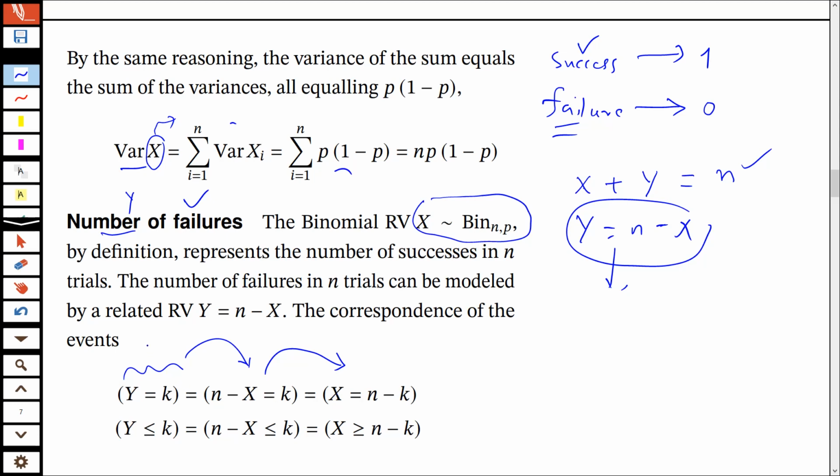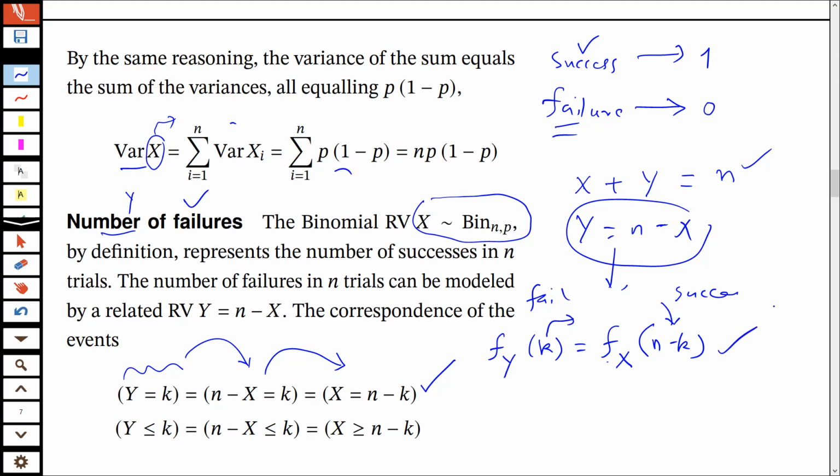So k failures translate to n minus k successes, which means that for the PDF of y, which is the number of failures, at k, I can simply use the PDF of x, which is the number of successes. The only thing is that I need to replace this k with n minus k, because k failures translate to n minus k successes, and for successes I can use fx. So I'm done. I have the formula for fx, I just need to substitute.